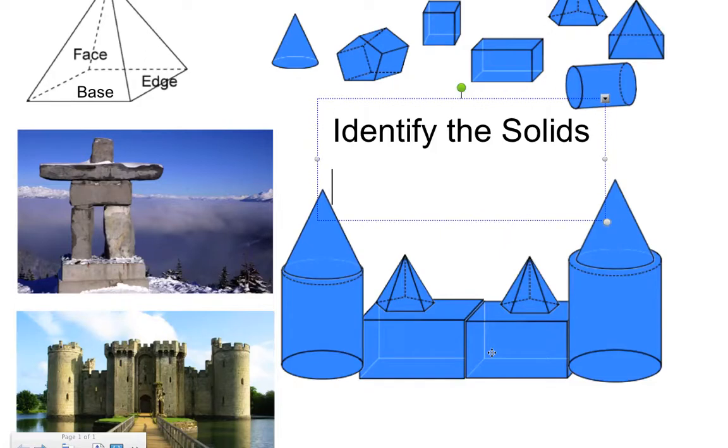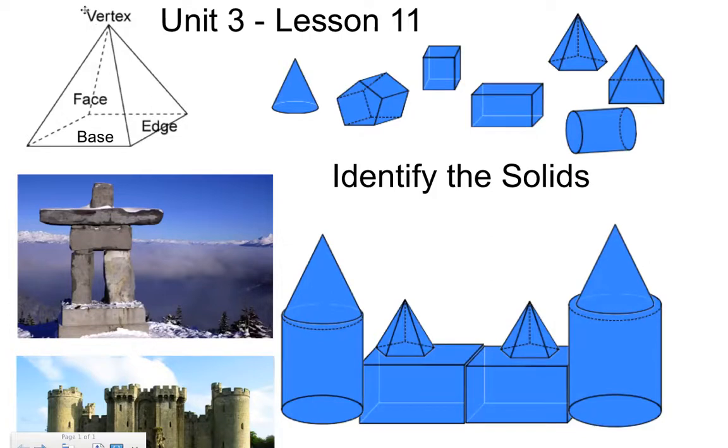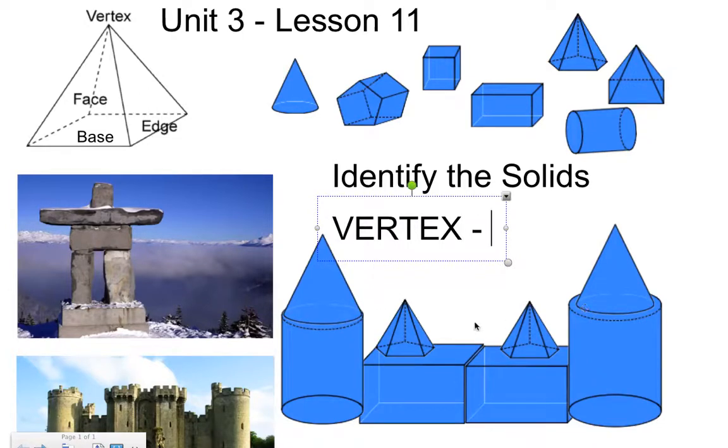Then you're going to identify all the different terms, and you can see we learned them up here. How many vertices were there in the entire design? How many faces? How many bases were there, and how many edges? Now, for example, if I take this shape here, we want to see some math here in the sense where you're going to multiply.